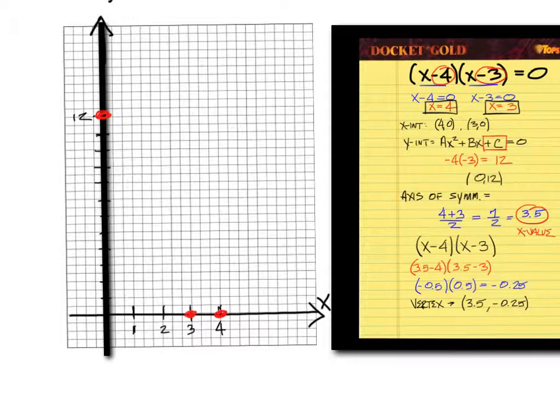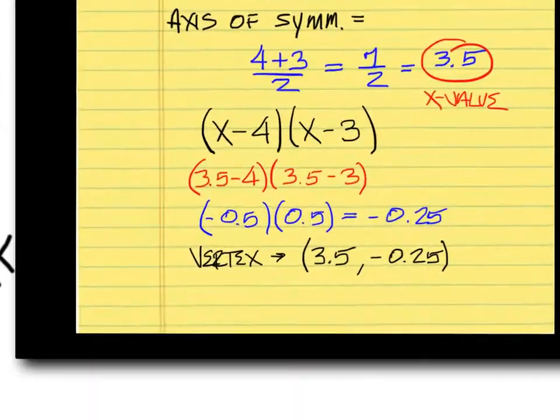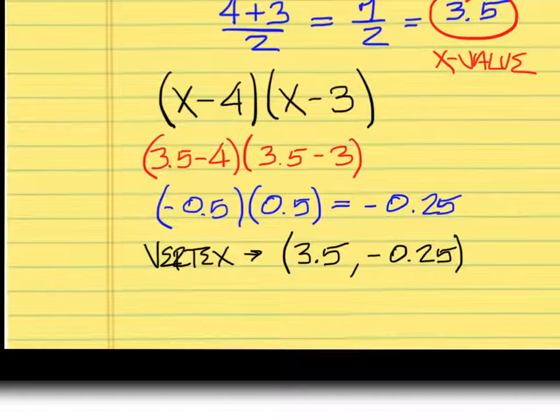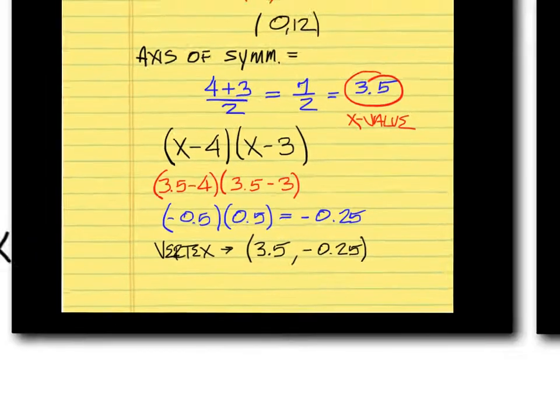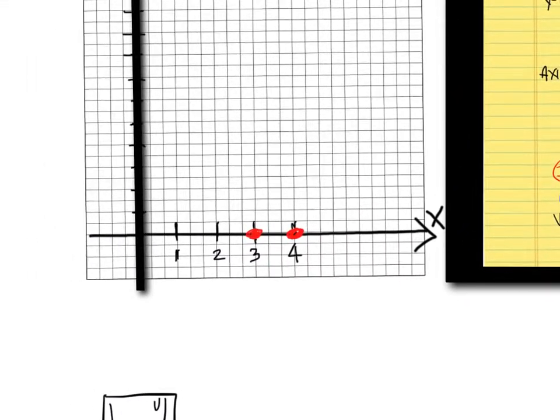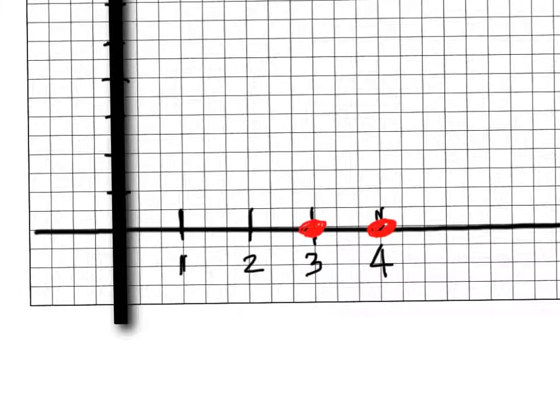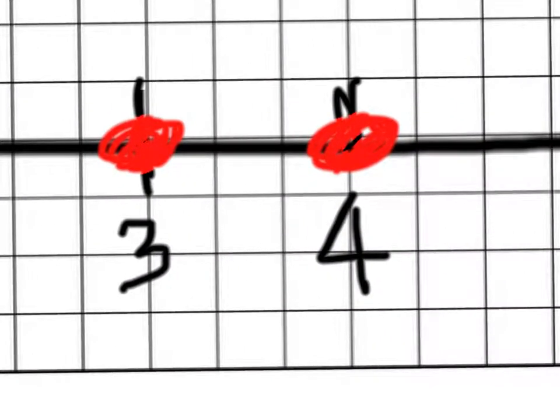The only other thing we need is the vertex. And the vertex from our work is (3.5, negative 0.25). Remember that we went every 2 on the y-axis. So this would be a negative 1, that would be a negative 2. And the vertex is 3.5.